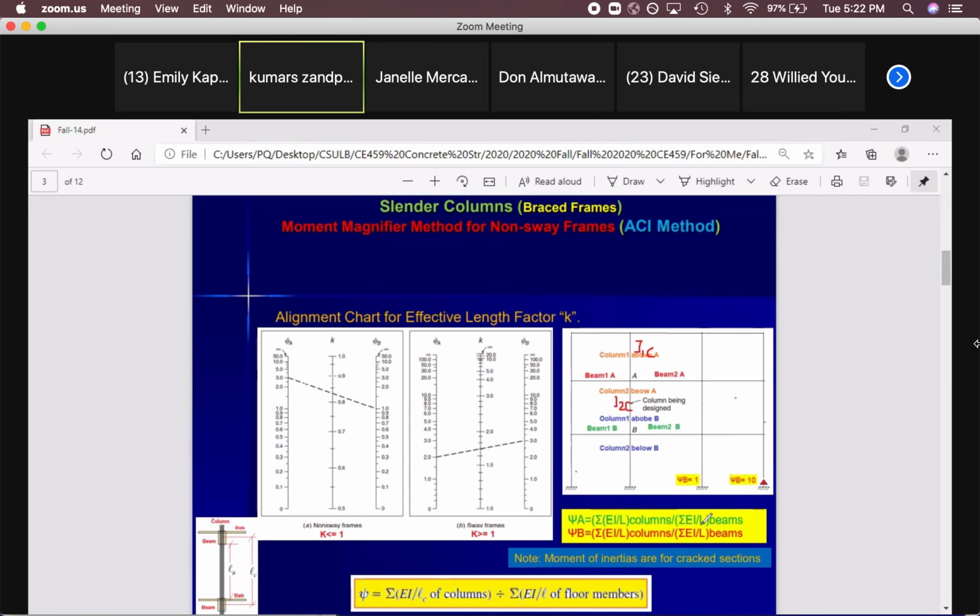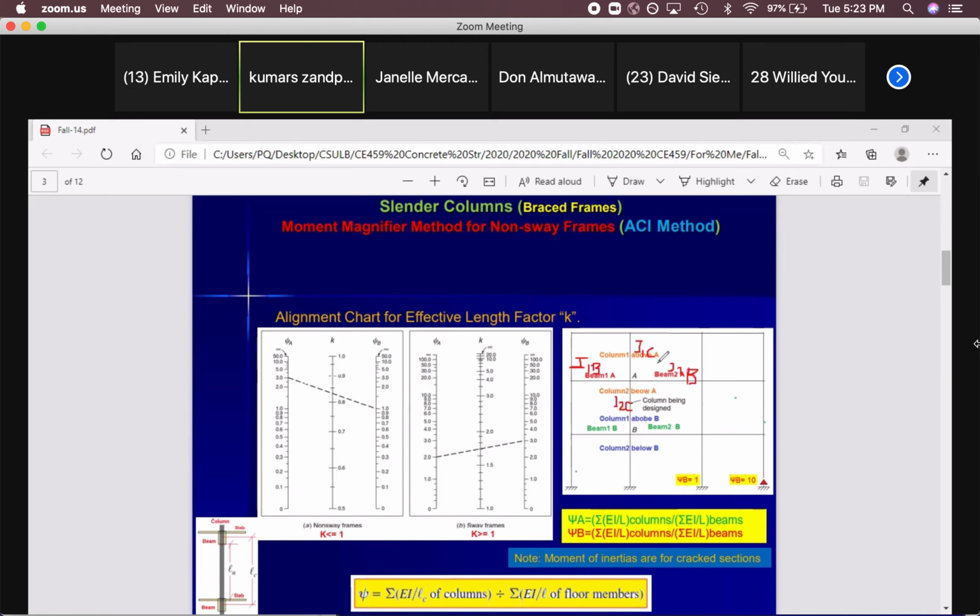You can see beam 1 will come to A, beam 2 will come to A. If I call this I1B for the beam, the moment of inertia for this one, and then I2B for the beam.